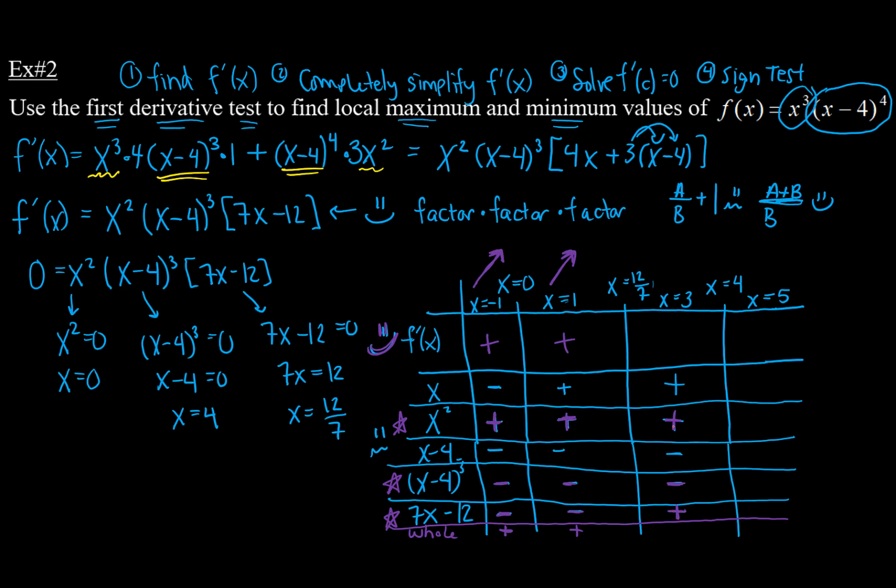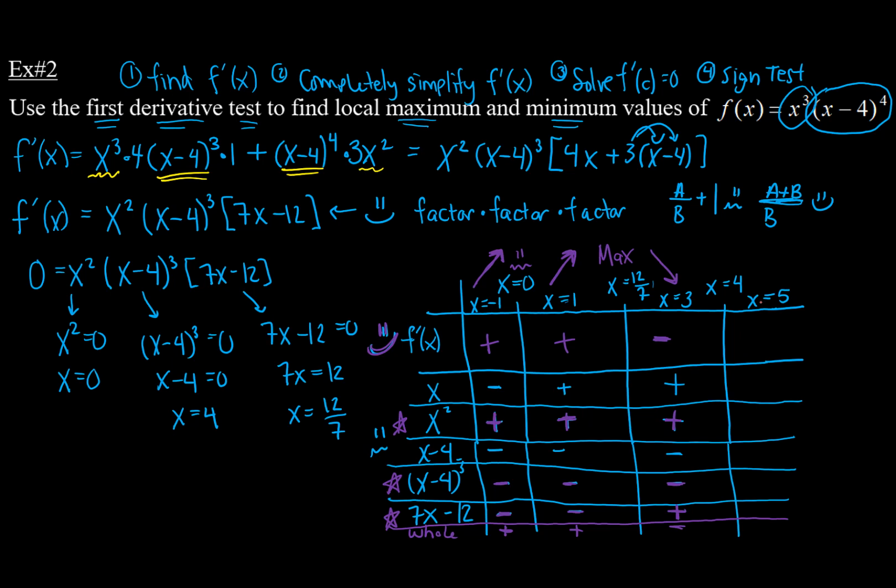A positive times negative times positive is going to give me negative. So on the other side of 12/7, I'm decreasing. If I plug 3 into f prime of x, I'll also see that it's negative. So this means that I've got a max. I can't tell anything at x equals 0, but I definitely have a maximum at 12/7. So let's look at the next testing region.